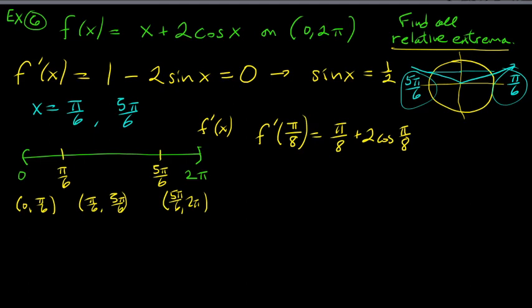And don't do that, because that's not the derivative. Oh, sorry, I was plugging this into the original function. Never mind. Yeah, we're plugging it into the derivative, right? So this is just 1 minus 2 times the sine of pi over 8. I don't know what the sine of pi over 8 is, but that's what we'll plug into the calculator.